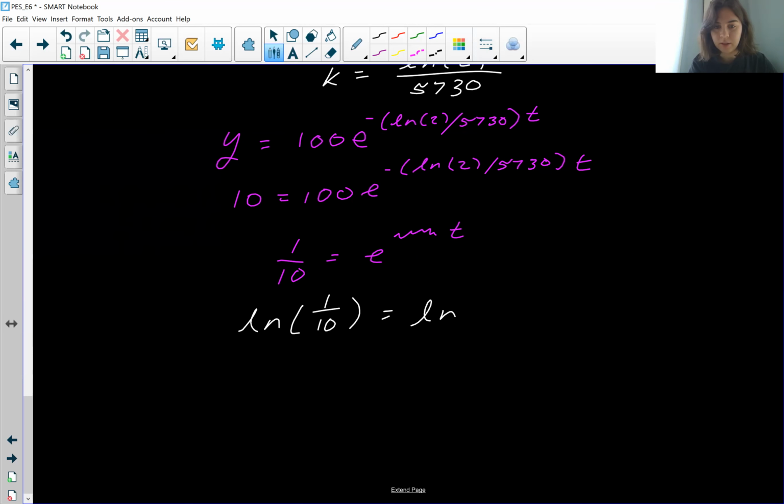So natural log of e, I will write it this time, that crazy k number, and then times t. All right, so this would cancel out, and you would bring this exponent down. And then you would divide both sides by that k value to isolate t. That's a lot of writing. So anyways, you would do that division on both sides and then plug everything into your calculator.